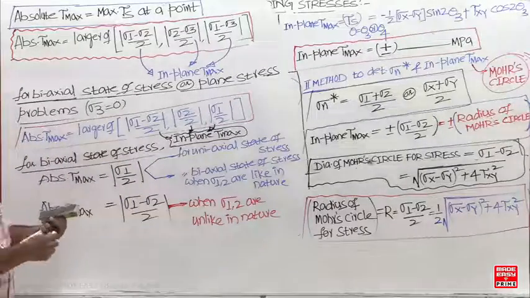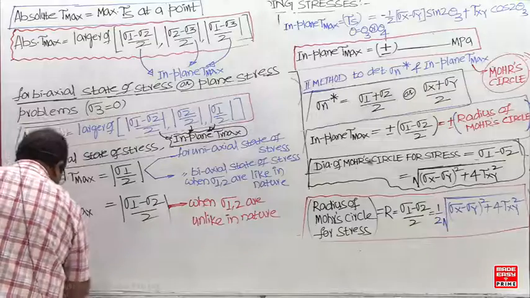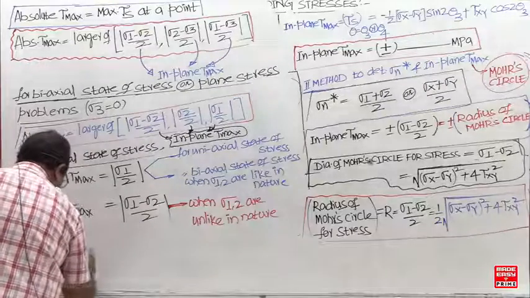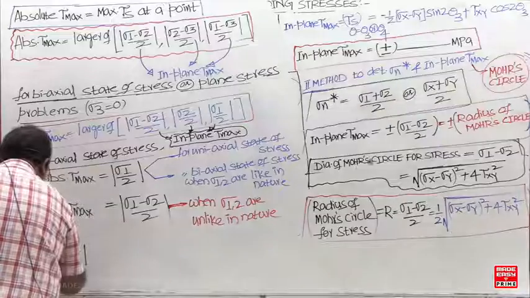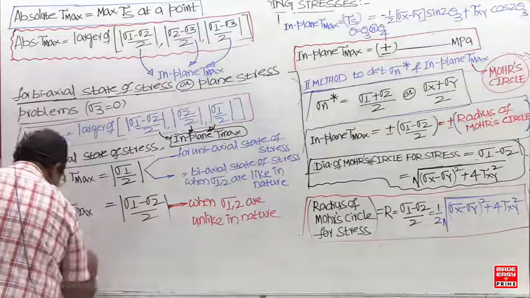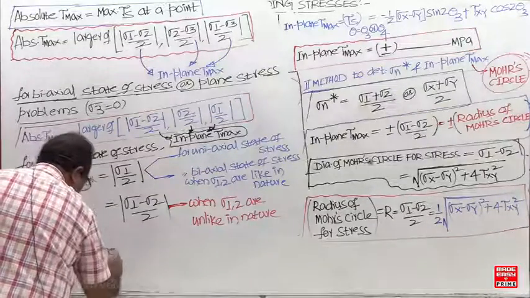So if nothing is mentioned and it simply asks to calculate the in-plane tau max, by default you should go for sigma 1 minus sigma 2 by 2.